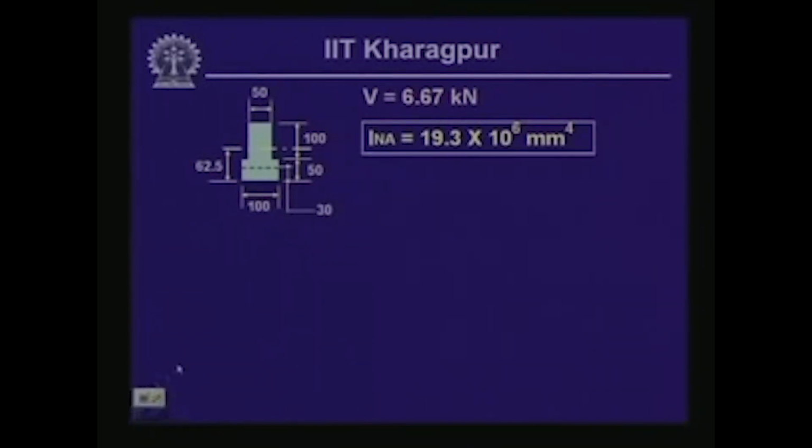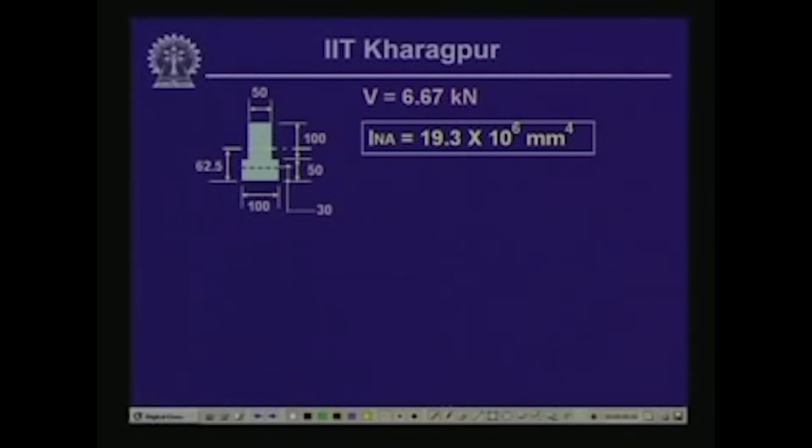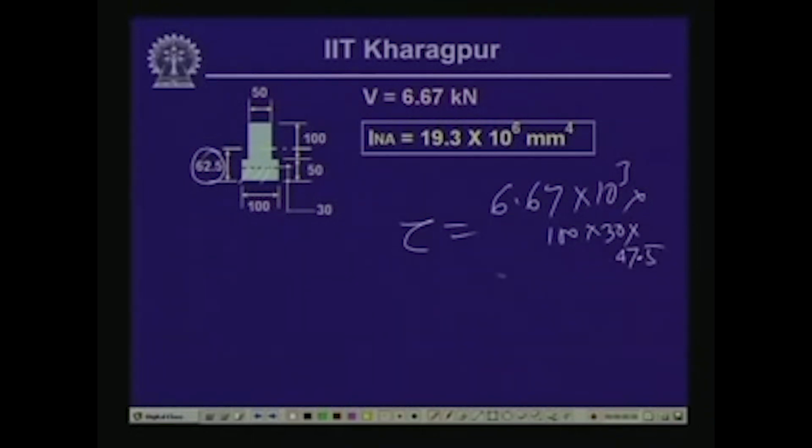Q is equal to 100 times 30, times 62.5 minus 15, which is 47.5, divided by I times b, which is 100. If you compute that, this comes as 0.5 MPa.